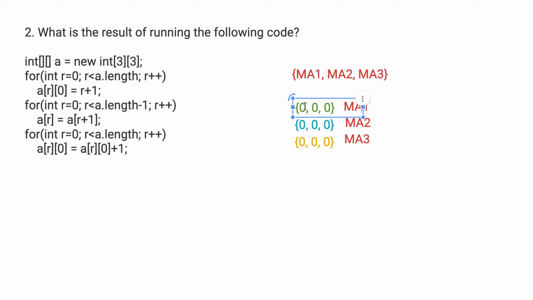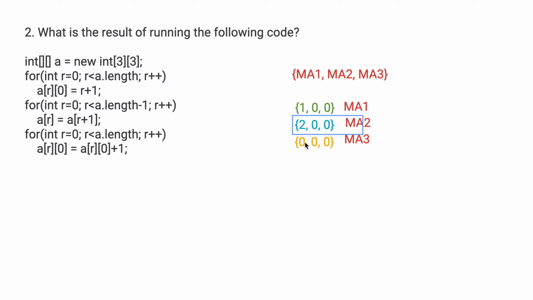This is our 0th row, and our 0th index is going to be equal to 0 plus 1, or 1, because this is row 0 and then you add the 1. Then this is row index 1, and we are going to be setting the element at index 0 in this row to be equal to 1 plus 1, or 2.